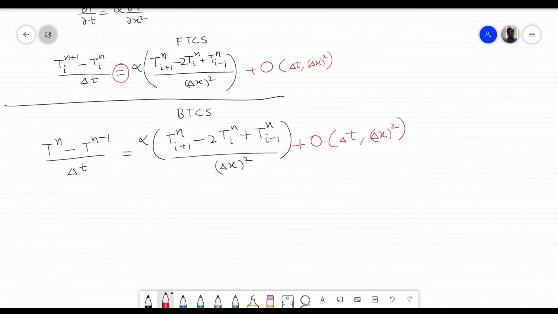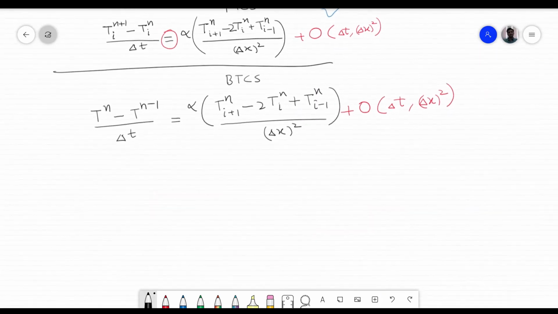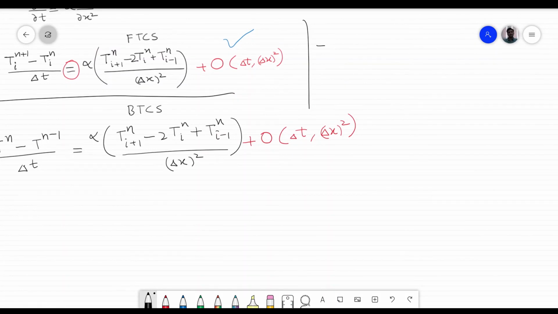Now if you notice these two equations, we also solved this first equation on MATLAB. Okay, I showed you how to solve this. We directly wrote T n plus 1. We wrote T n plus 1 at i equal to whatever comes on the right hand side after taking everything to the right hand side.